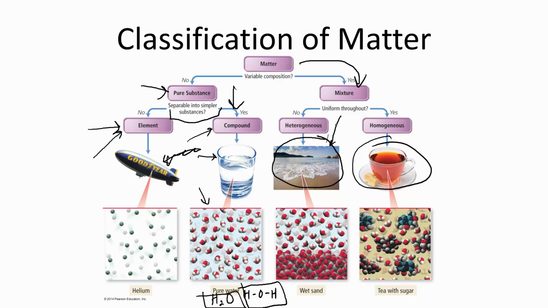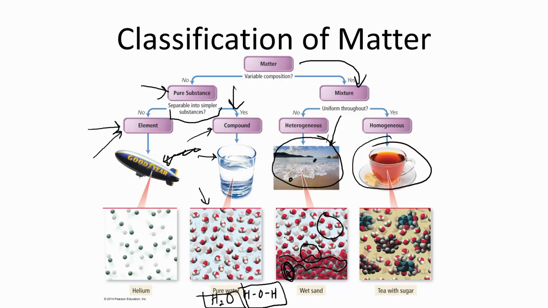Another quality of a heterogeneous mixture is that if I take a little bit from one part and then take a little bit from a different part, I'm going to get a different ratio of the different parts of that mixture. So in the close-up, if I grab a sample right here, all I'm going to get is water. If I grab a little portion of the beach here, I'm going to get some sand and some water. That's the sand here on the bottom. And if I just grab a piece of this mixture right here, all I get is sand.